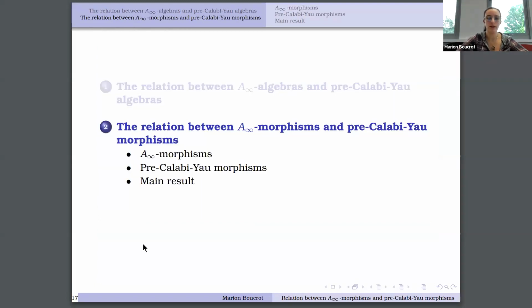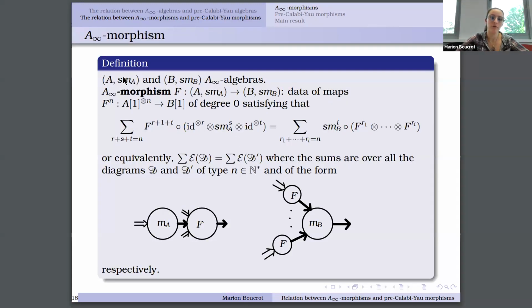So I will now talk about the relation between infinity morphisms and pre-Calabi-Yau morphisms. And so I will first give you the definition of both those notions. If we have infinity algebras A and B, an infinity morphism between them will be the data of maps like this of degree 0 that satisfy those identities.